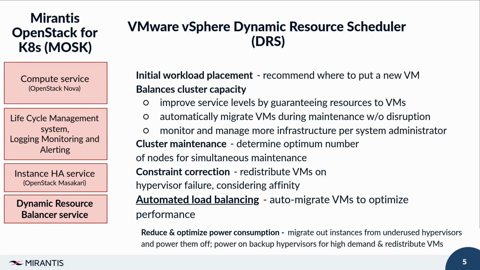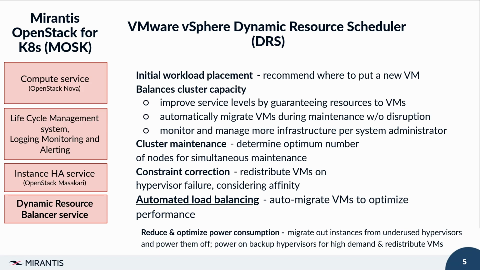The very first thing to point out is that there is no apples to apples comparison in this picture. MOSK, Mirantis OpenStack for Kubernetes, as we call it, has a lot of components because it's built from OpenStack, which also has a lot of components, where every component plays its own function or service.